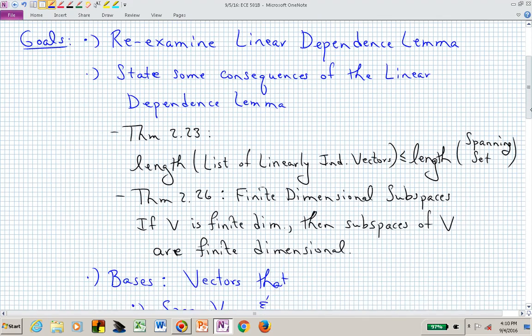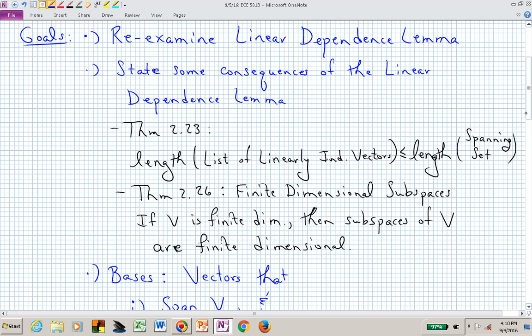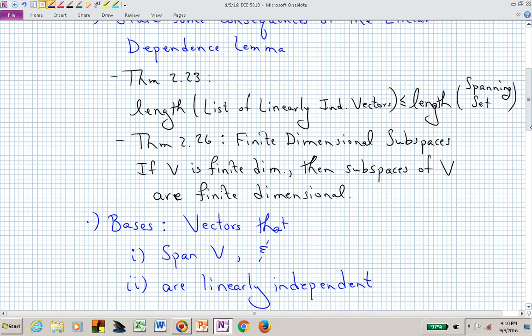We want to, in the next couple of times that you'll be looking at some lecture material, complete chapter number 2. And as a part of that, today let's re-examine the linear dependence lemma and state some consequences of that linear dependence lemma.